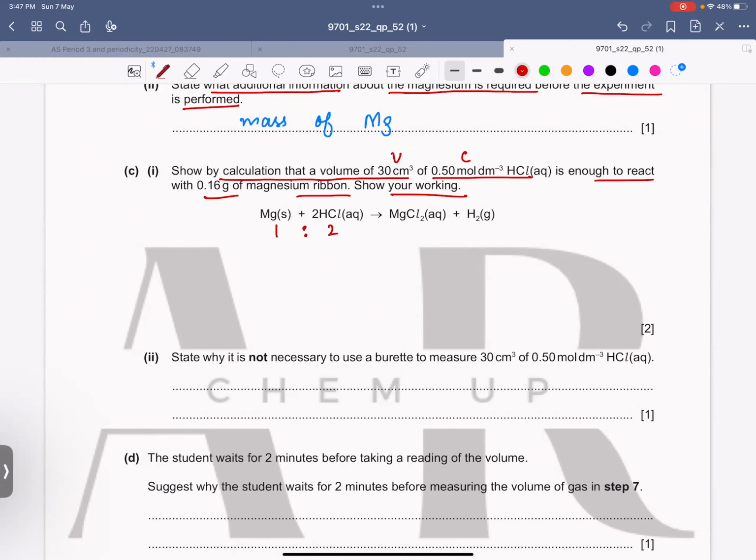So let's find the moles of both the substances. Moles of hydrochloric acid would be equal to its volume times its concentration, and as the volume is in centimeter cube, I have to divide it by 1000 to turn it into decimeter cube. So can anybody tell me the answer, please?